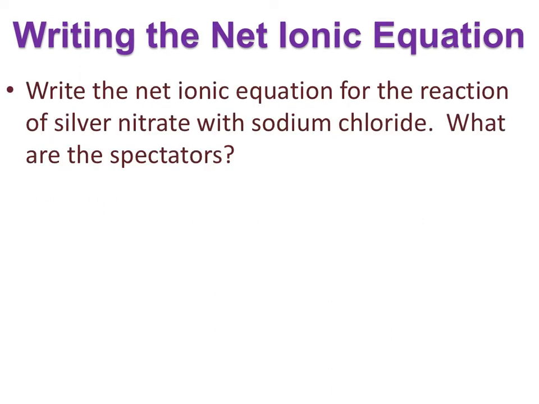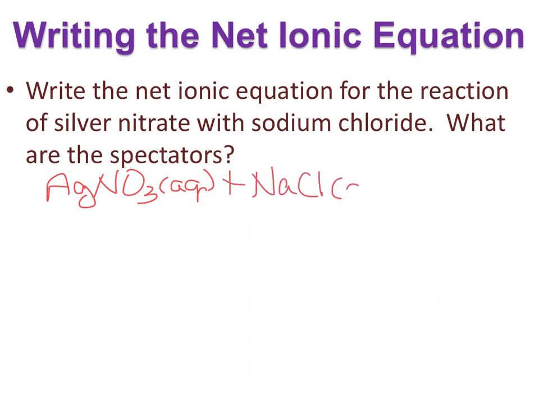First, write out the reactant side of the equation, which is AgNO3 aqueous plus NaCl aqueous. Second, swap the cations, making sure that the products are ionically balanced.